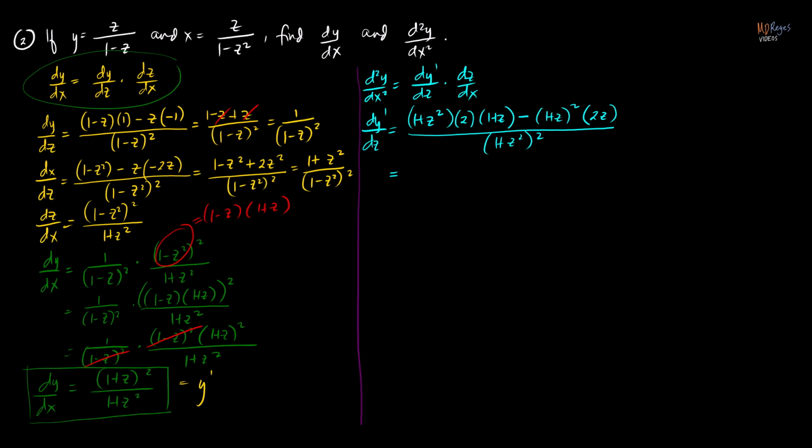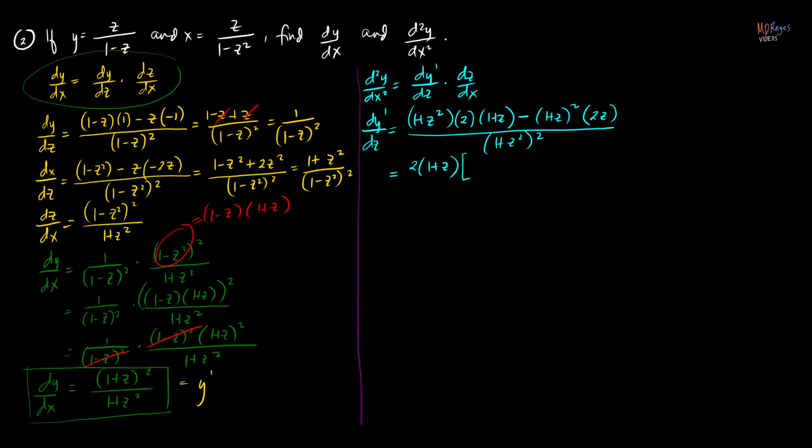Now it will be easier if we factor out the common expression between the two terms from the numerator, and you only have two terms. This is the first term. And then this is the second term. Okay, common factor between the two is 2(1 plus z).